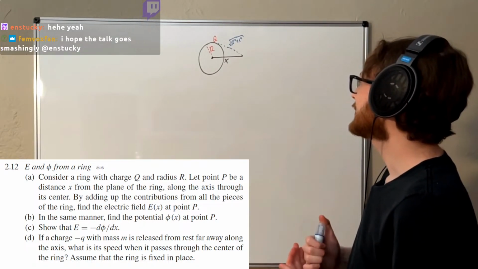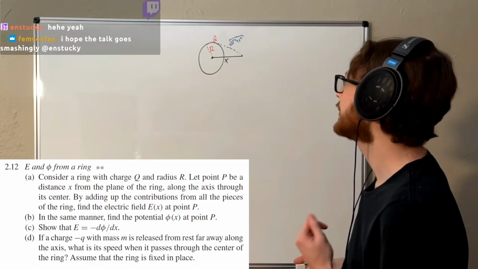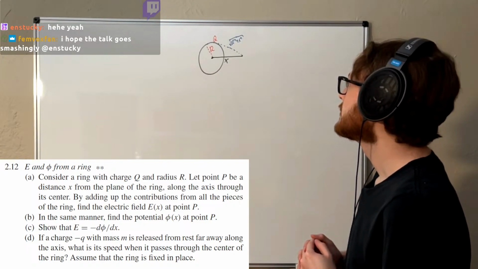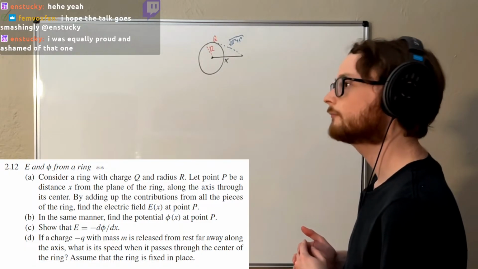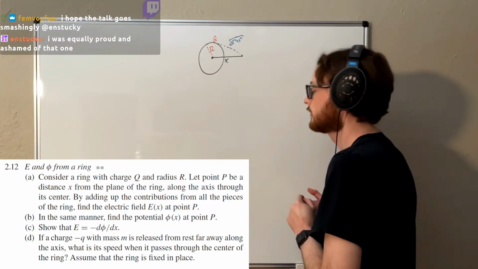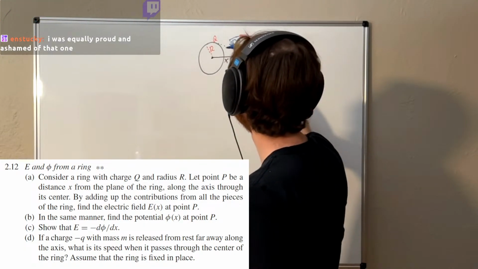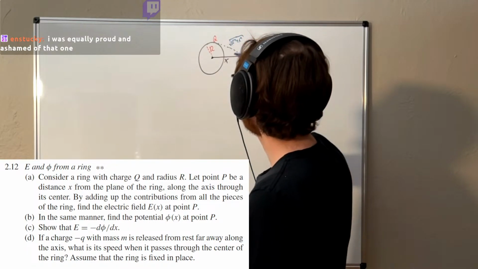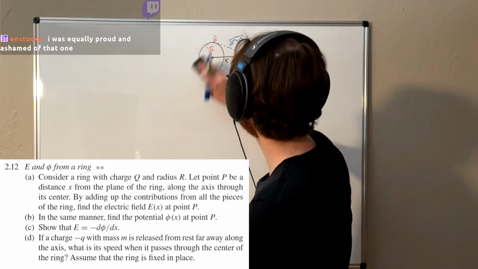How does this thing work again? X is fixed, or we take it as fixed anyway. The total charge, if we have... this bar is in my way.